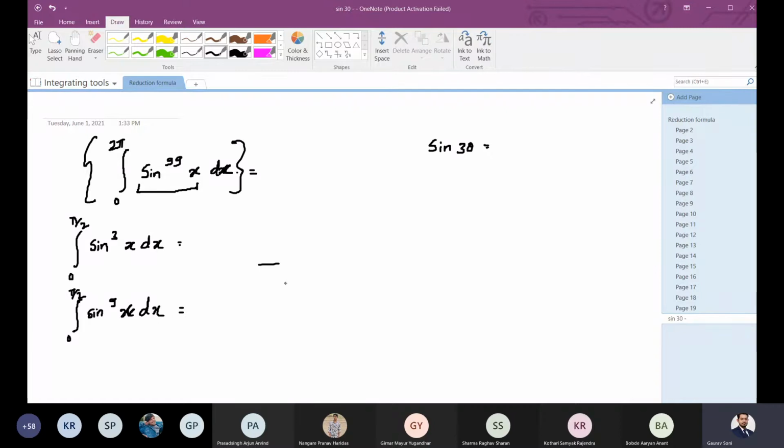But if I give you a relation like this, say I_n is equal to (n minus 1) upon n times I_(n minus 2), where n is the power of sine x, what will happen?